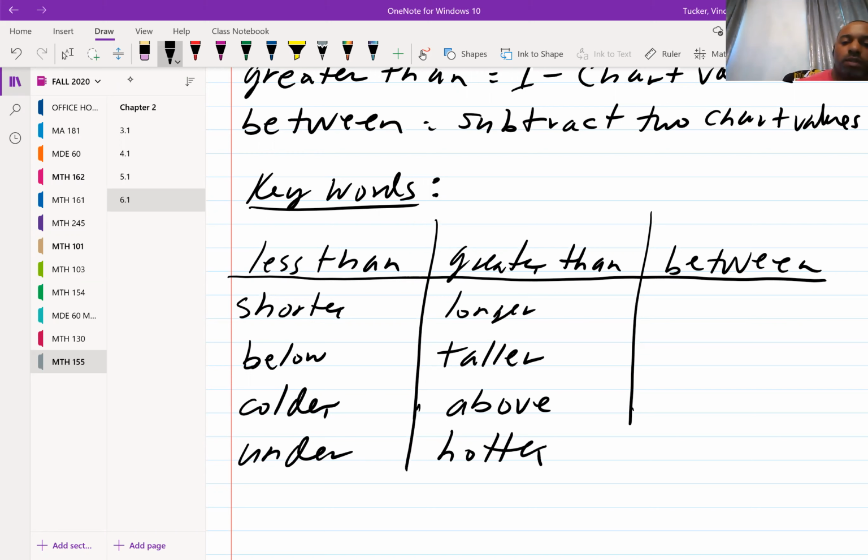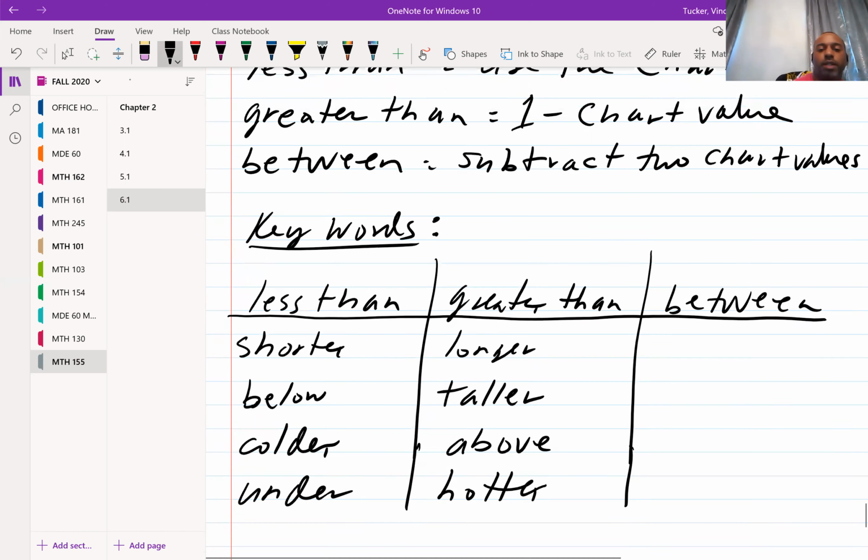So hopefully there are enough examples. Pretty sure there are more out there. We're just giving an idea as to what are some keywords that will dictate less than, and then there are some keywords that will dictate greater than. And as far as between, do we see any other words that they would use for between? Any questions on any of that?